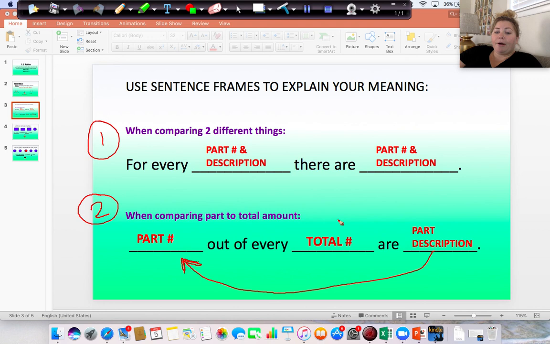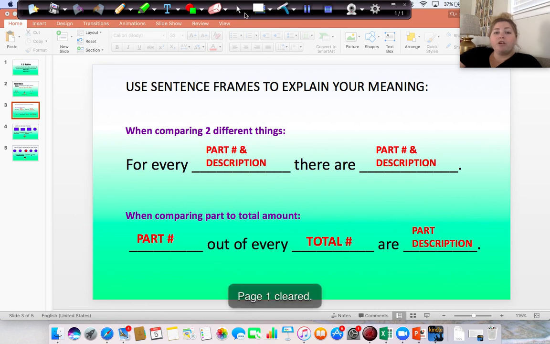So how many out of your total number, what are they? 1 out of every 5 candy bars is a Snickers. 3 out of every 15 players are pitchers. Okay? So those are your sentence frames. You need to make sure that you write those down. We are going to use sentence frames a lot with this chapter.